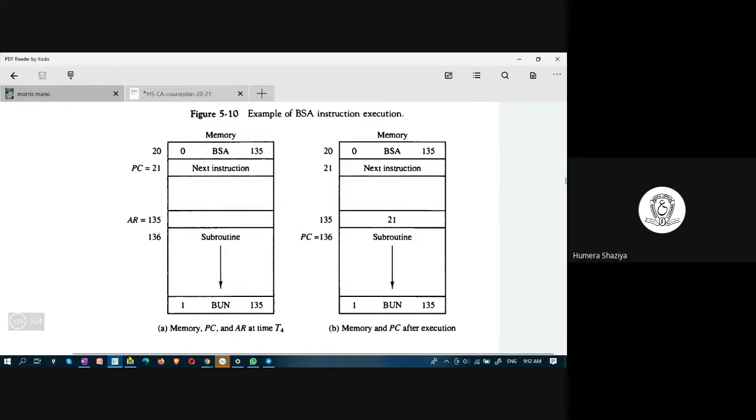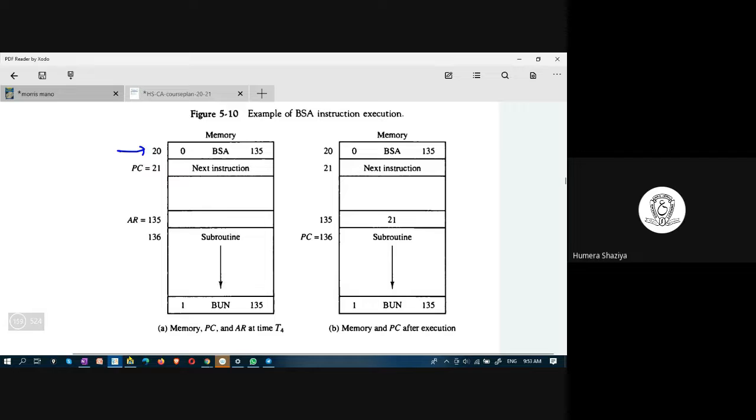See, the BSA instruction, branch and save return address. Look at this memory. AR is having the value 135. The subroutine is at address 136. PC has program counter 21, which means that the processor is executing here. When the processor is executing at location 20, the next instruction is 21. What is there in location 20?